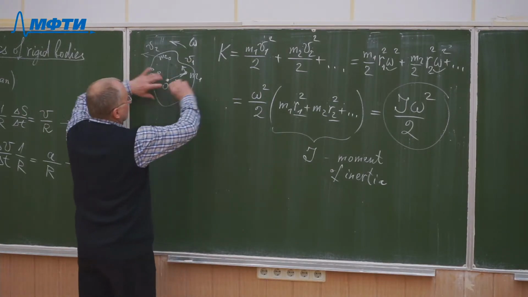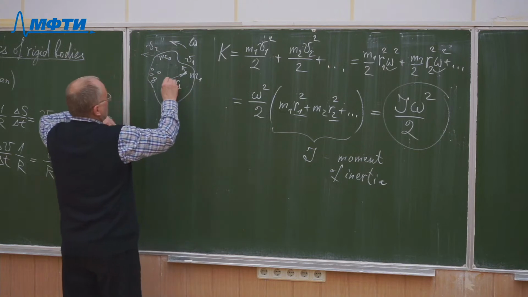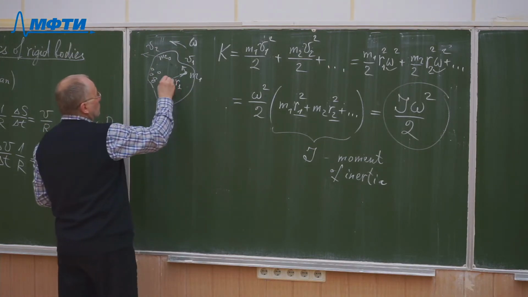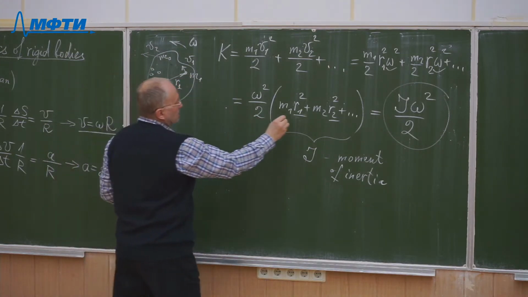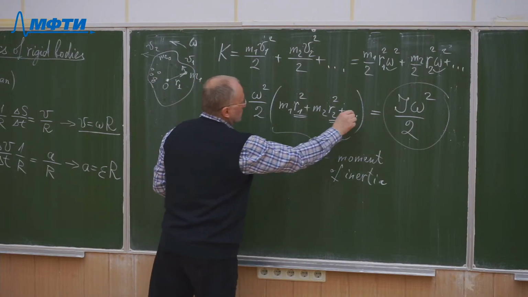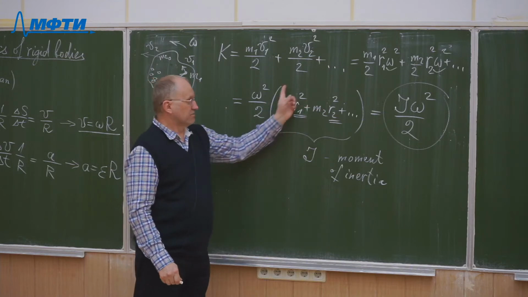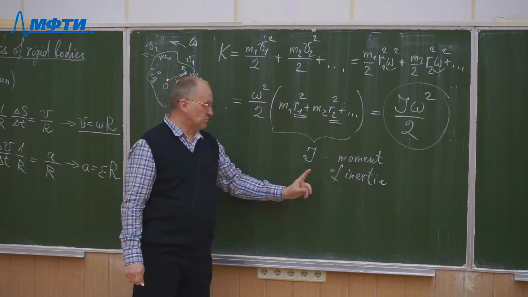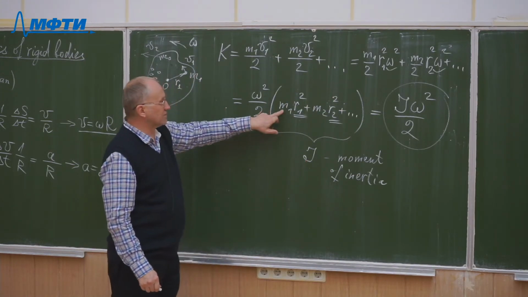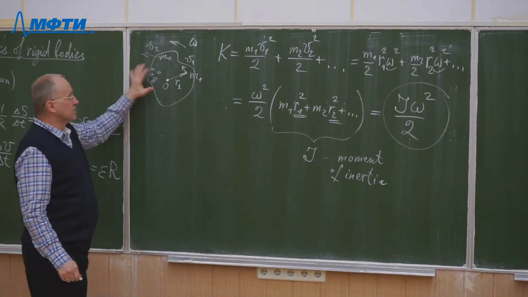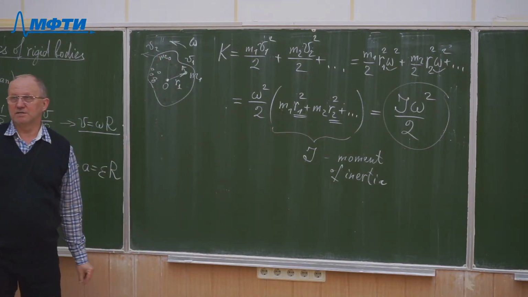If all the masses are far away from the point O, from the axis of rotation, then all these quantities R1, R2, etc. will be large, and taken squared, they will give a large moment of inertia. So moment of inertia depends not only on the mass, but also on the distribution of mass inside the body.